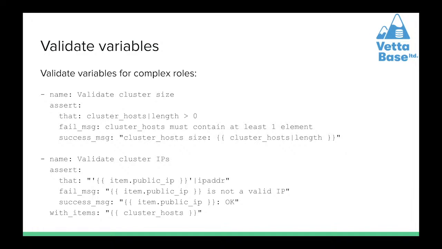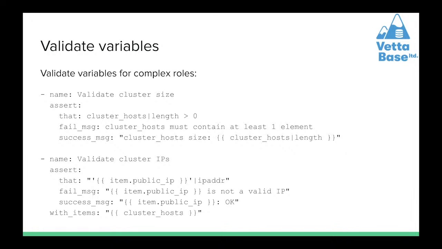I wanted to show here that it can be important to validate variables. I know that most people don't do this, but well, here I show a couple of examples. First of all, I validate the cluster size. As you can see, I'm using the length filter. I check that the result is greater than 0.